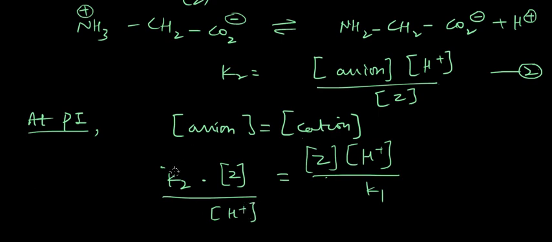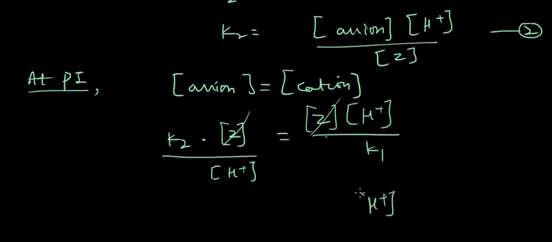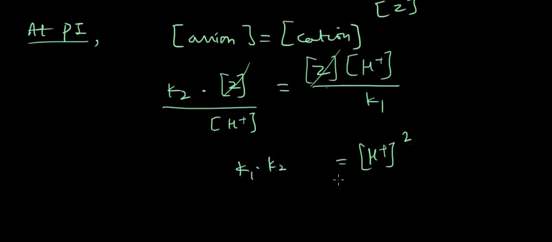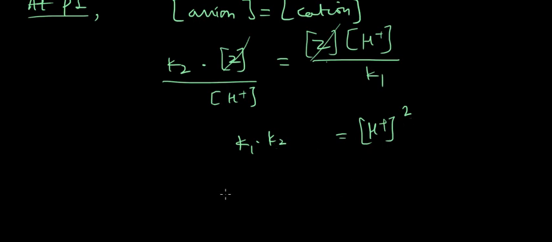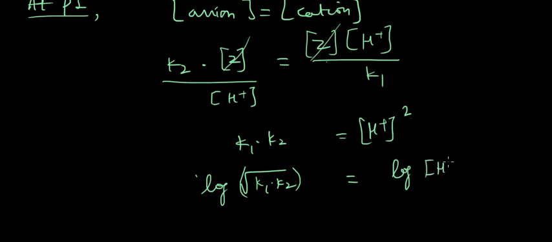From the two equations we can cancel out the concentration of Z, and we get H plus whole squared equals K1 times K2. Taking the log at both ends, we have log of root of K1 times K2, and log of H plus.